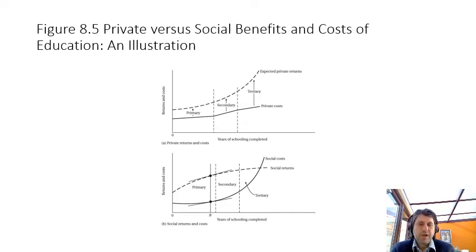And so the optimal level of education that a society needs to provide can be very different from the optimal level of education that we would like for ourselves. These graphs essentially illustrate that point. But the key thing to remember is that social benefits and costs can vary substantially from private benefits and costs.